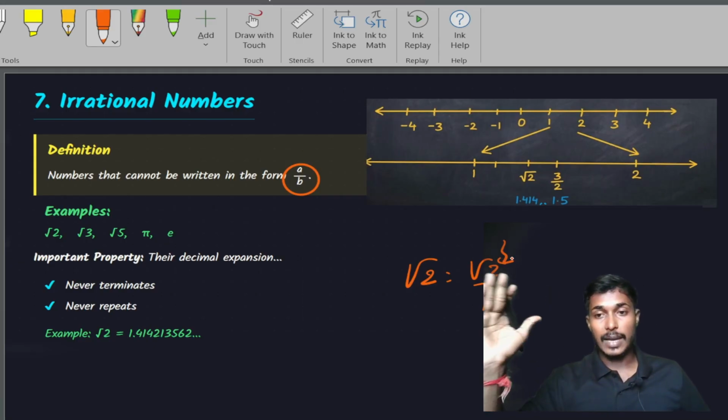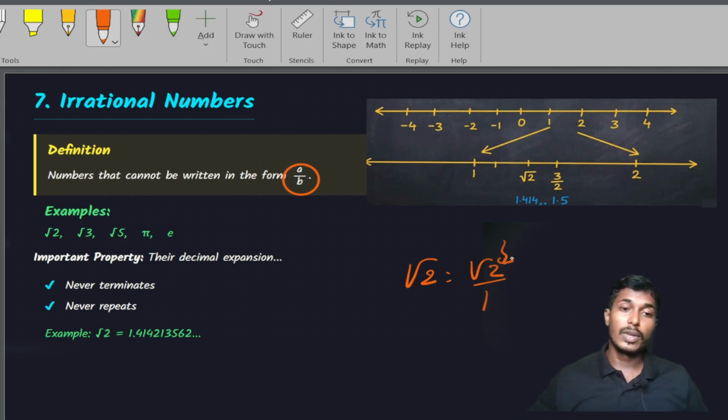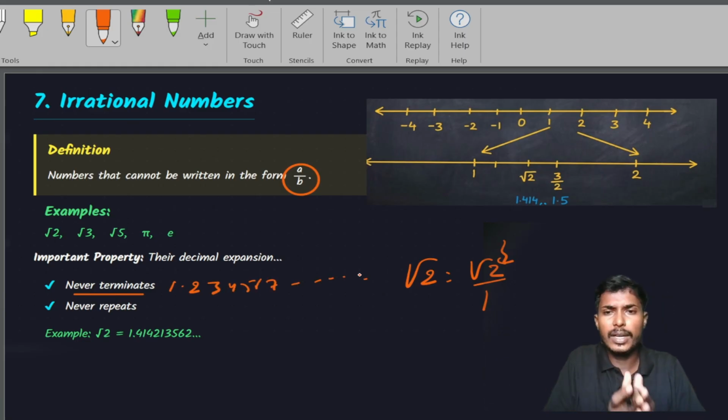So there are a few examples which you should remember and understand why. There are two terms. One is never terminates. Means I am writing 1.23456 like that, will it ever terminate? No. If something is never terminating, then we cannot write it in the form of a fraction. So it will be an irrational number.